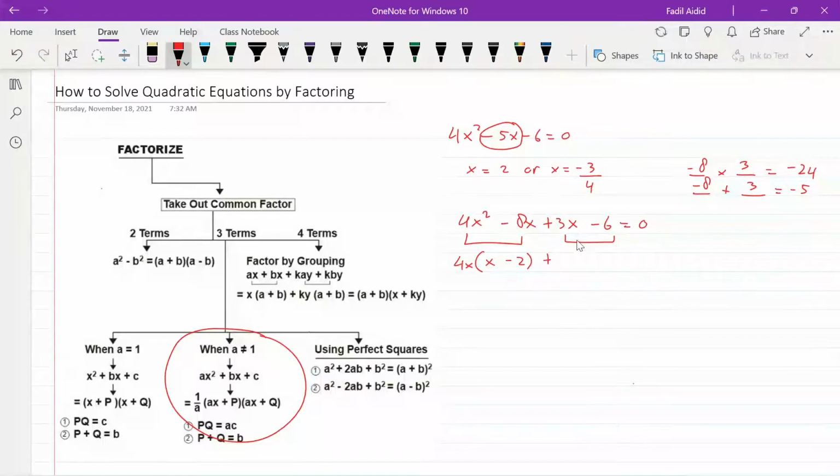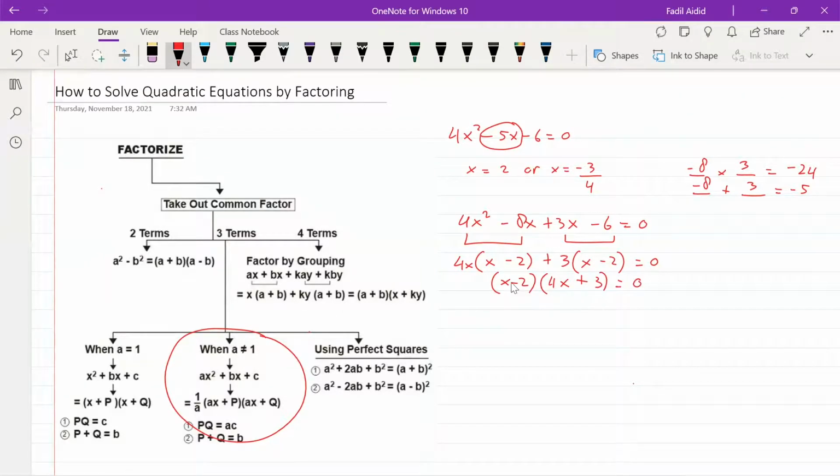Same thing with the second group. The common factor is 3, so take it out. And then the rest is just x minus 2. Now between these two terms, both have x minus 2, so take it out. And the rest is just 4x plus 3 equals 0.